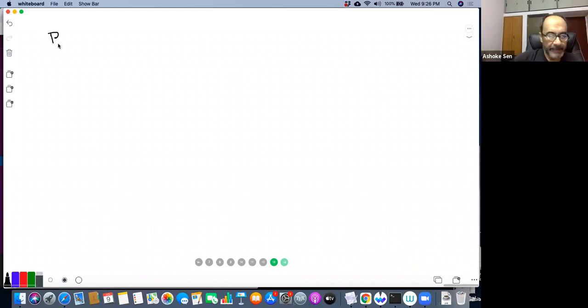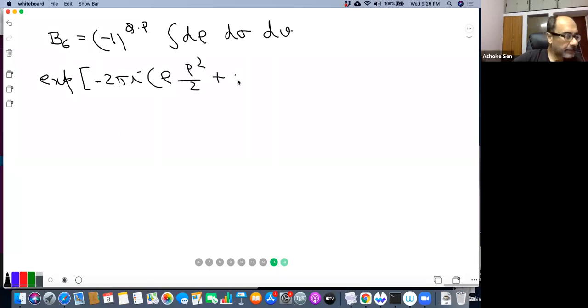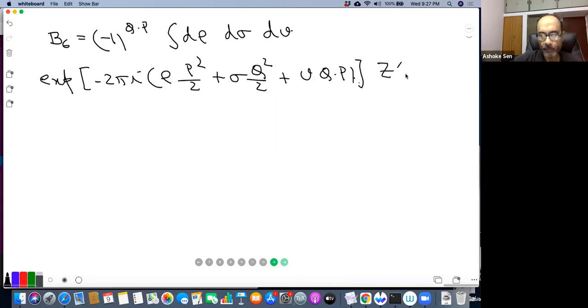So let me write B6 as a Fourier expansion. This is given by (-1) to the power Q dot P. This is the (-1) to the J that we had included. Integral d rho d sigma dv exponential of -2 pi i times rho P square by 2 plus sigma Q square by 2, times Z of rho, sigma, v.